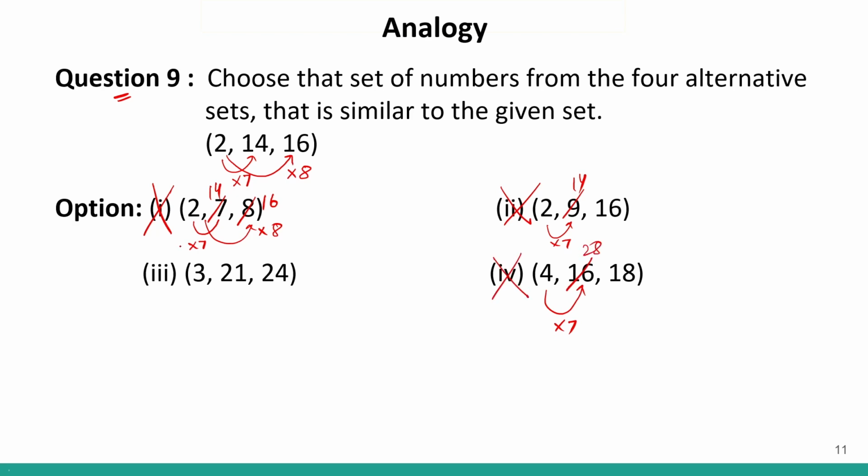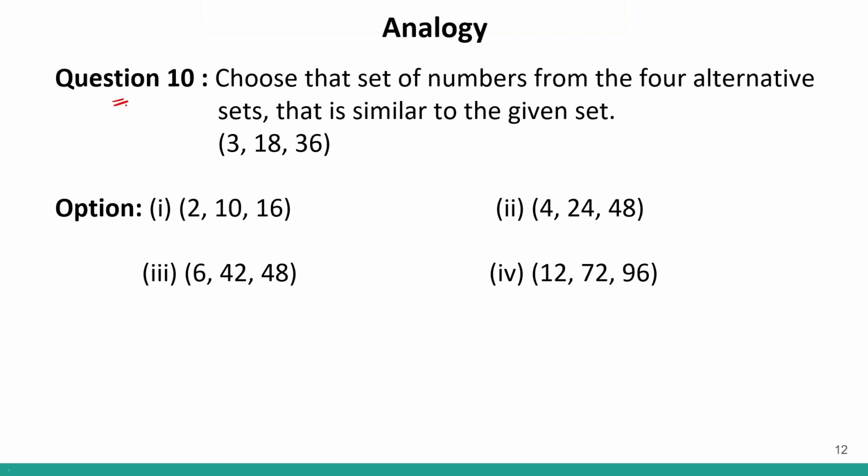So not correct. 3 into 7 will give me 21 and 3 into 8 will give me 24. So this option, that is option number 3, follows the same logic as given in this set. Correct? In this set, we had the same logic of into 7 and into 8. So option number 3 follows the same logic. Therefore, this will be our answer. Option number 3 will be the correct answer to this question. Okay?